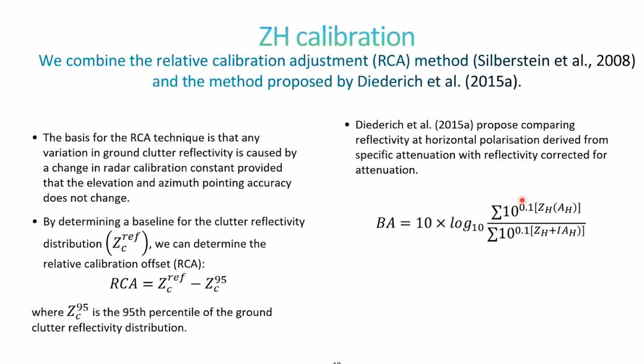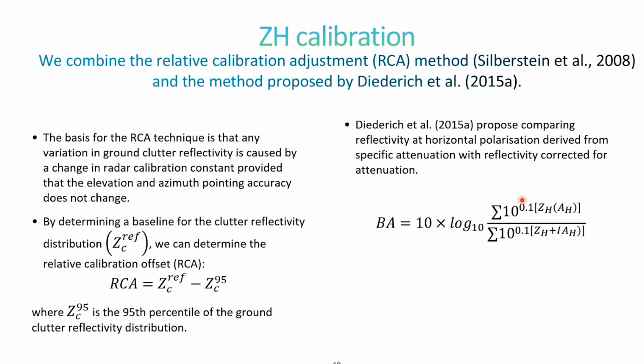The next step is the calibration of ZH, and we're monitoring the calibration of the horizontal reflectivity with this approach that is a combination of the relative calibration adjustment technique proposed by Silverstein et al. and a method proposed by Diederich et al. The basis of the RCA technique is that any variation in ground clutter is caused by a change in the radar calibration constant.